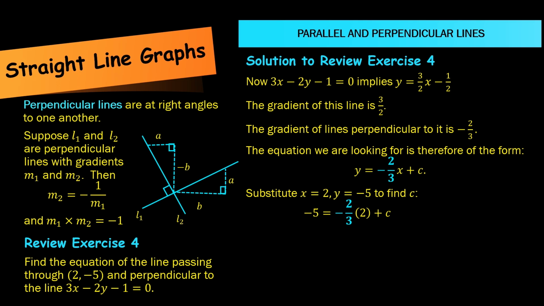Which implies c equals -5 plus 4/3, and therefore c equals -11/3. This gives us that y equals -2/3 x minus 11/3.